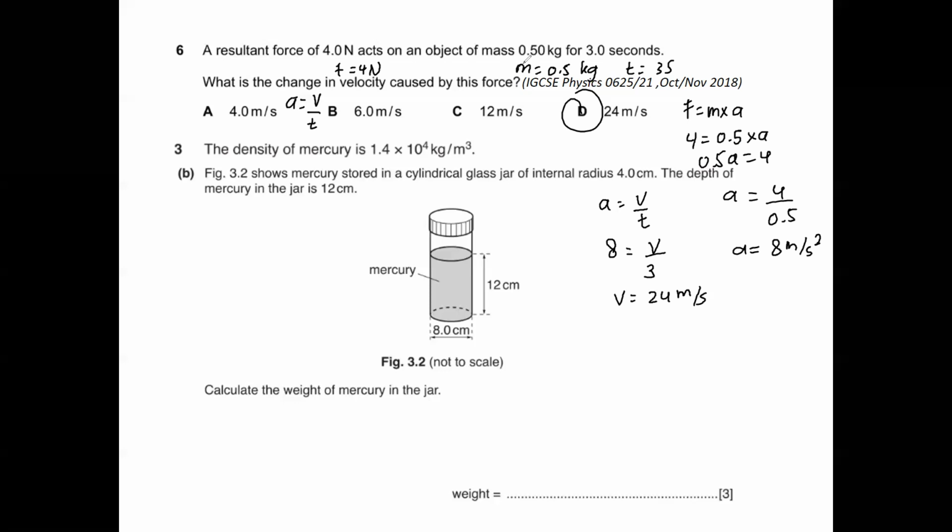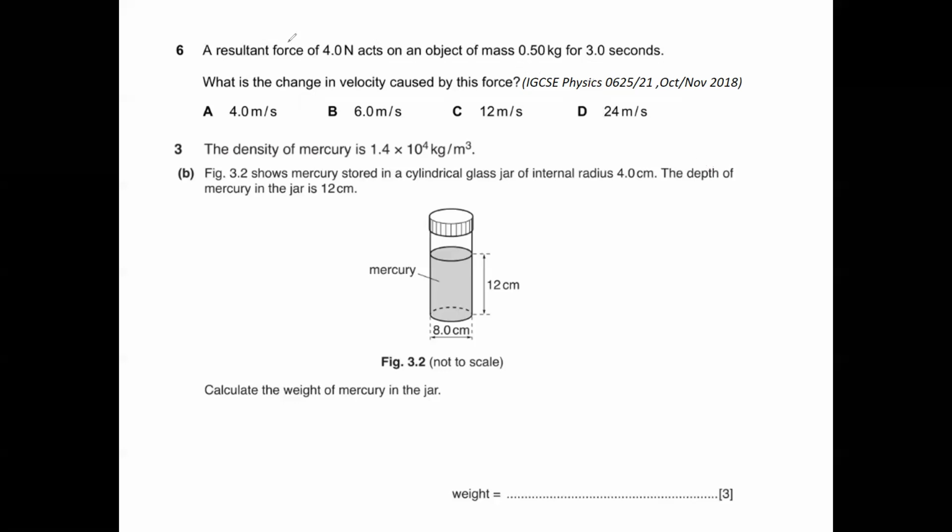Okay, and then for number 3, from the equation known that the density of mercury is 1.4 times 10 to the power 4 kg over meter cube, and then they give you the radius and the depth or the height, and they ask you about the weight.